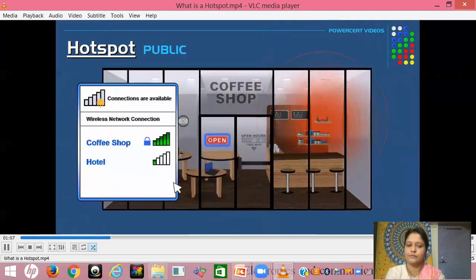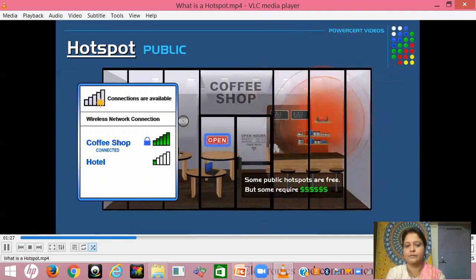You would select the network ID or SSID and type in the password if it has one. Now, some public hotspots are open with no password, and some are secured with a password. So if the hotspot requires a password, you need to find out what it is. And also, not all public hotspots are free. There are some that you have to pay for.